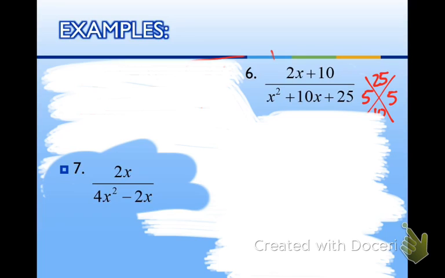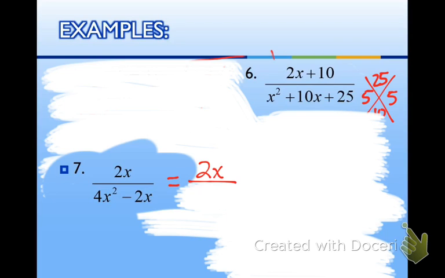All right, on number 7, in the numerator, we have a monomial, which means we're just going to leave it alone. In the denominator, we have a binomial, 2 terms.